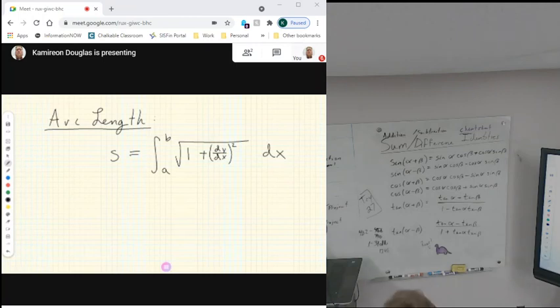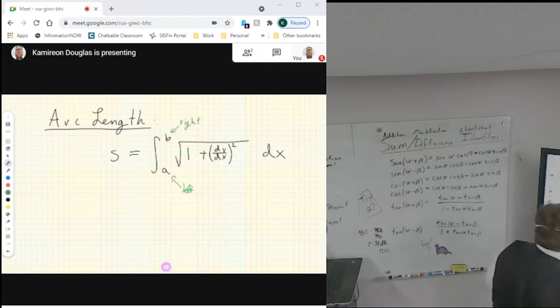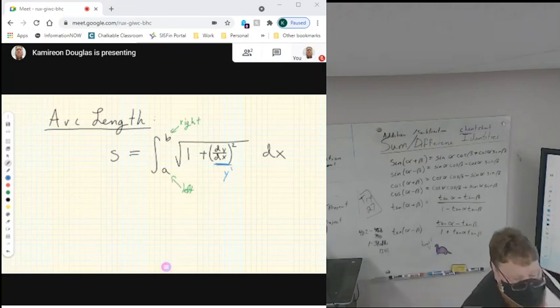As weird as this sounds, I want to explain what this function does. First of all, we have boundaries, right? My left bound, my right bound, indicating where I'm going to start and stop my curve. We have here y prime, which we know of as the slope generating function.